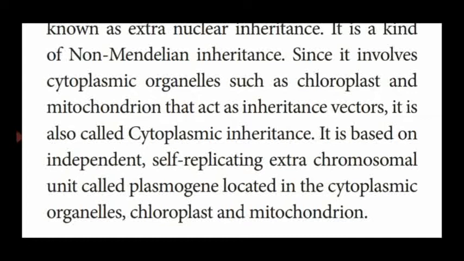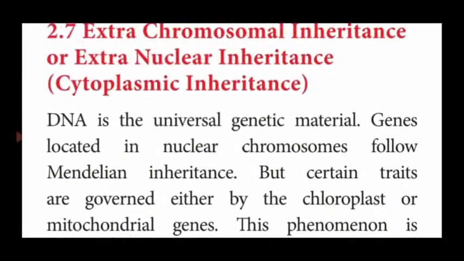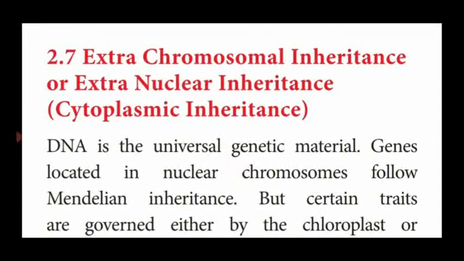That's why they are named self-autonomous bodies. For that, they have an extra chromosomal unit called plasmogene, which is located in the mitochondria and chloroplast. So this type of inheritance is named extrachromosomal inheritance.